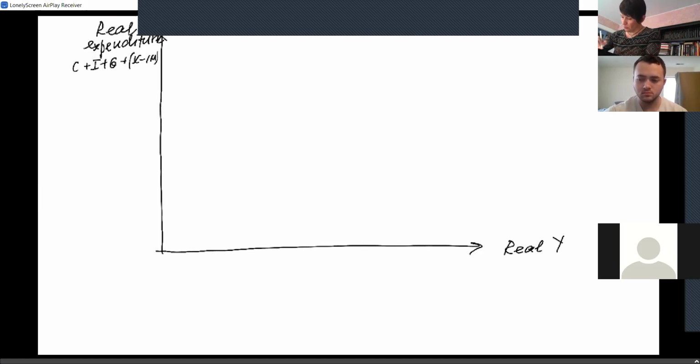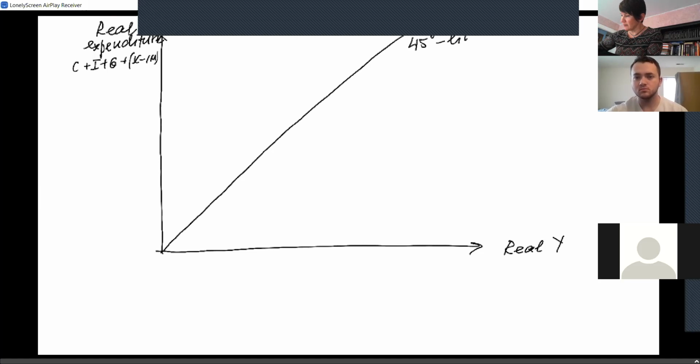Okay, so if we draw a 45-degree line, remember we talked about it a little bit at the beginning, a 45-degree line is a ray through the origin with a slope of 1.